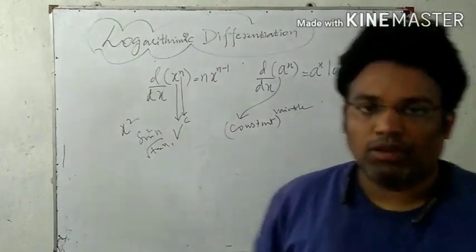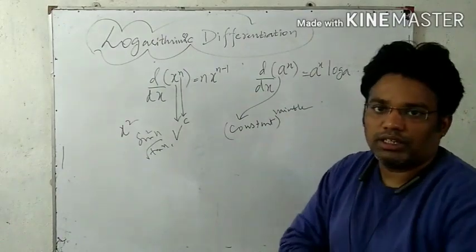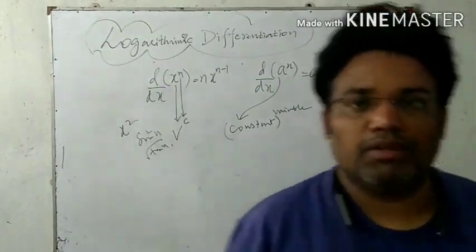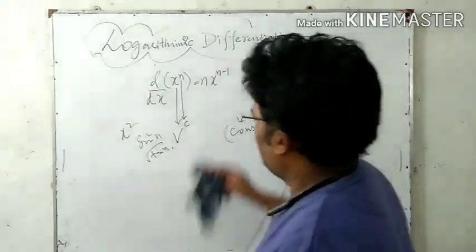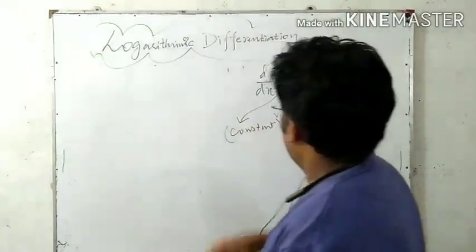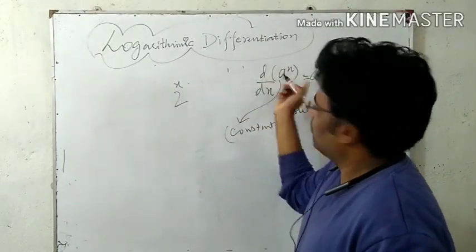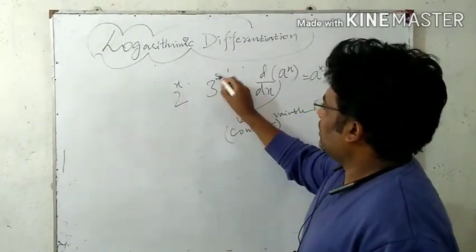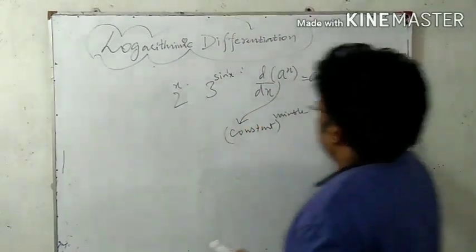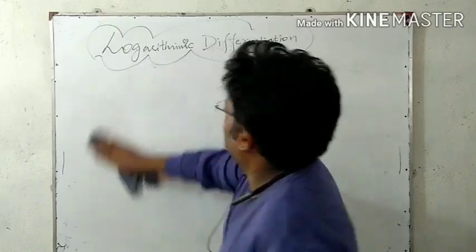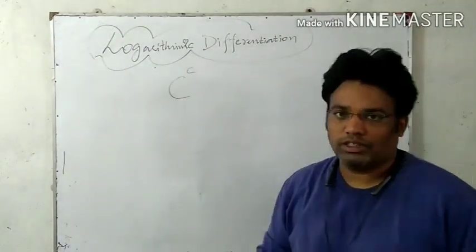So constant to the power of variable, we use a power x. That is, the derivative of a power x is a power x into log a. This is all fine. You may have something like 2 power x or 3 power sin x, and we use these formulas. Now suppose I ask you the derivative of constant over constant.